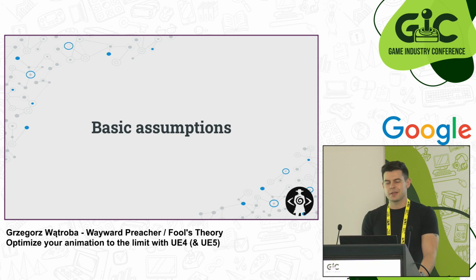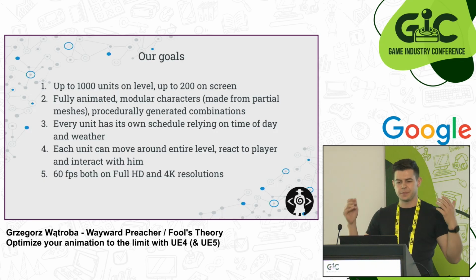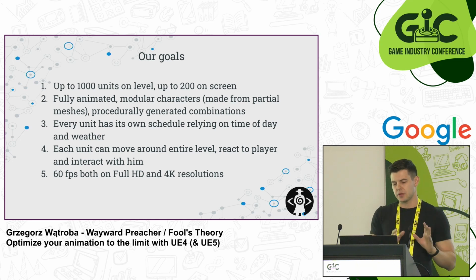So let's explore the basic assumptions and motivations for this lecture. Our basic goal is to have 1,000 units on the level and up to 200 on the screen, because then it gets too dense. And those units are fully animated.